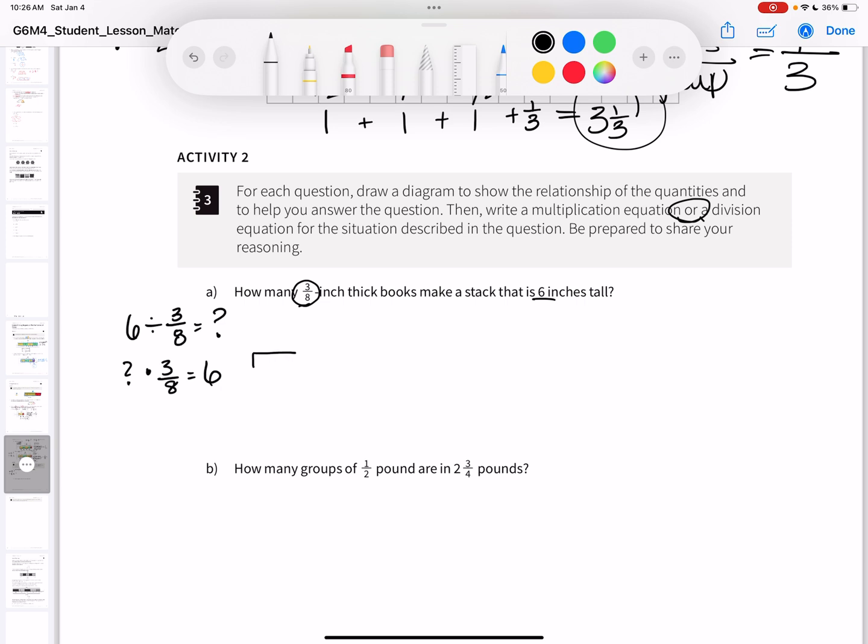Okay, so here we go. We're going to do 1, 2, 3. I could stop at 3, and I'm going to show you why in a minute, but we're going to do the whole thing. 4, 5, 6.